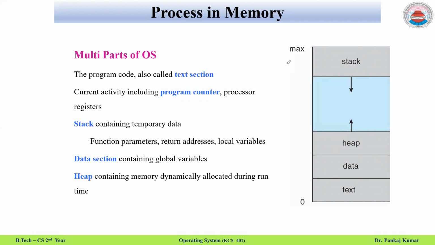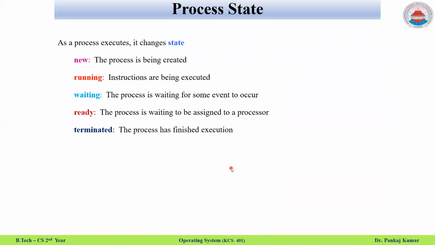When a process is stored in memory, there must be function parameters, and there must be a return address, meaning after completing that particular instruction, where it has to go, whether in RAM, to secondary memory, or elsewhere. Then the local variables of the process. Then there is a data section which contains the global variables, and this may be the critical section of that particular process.